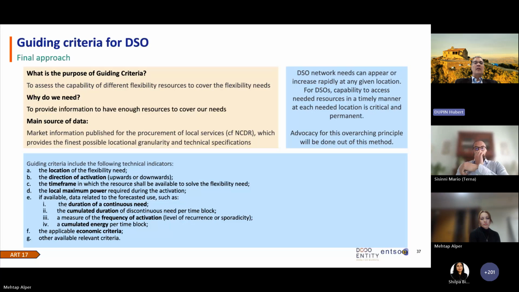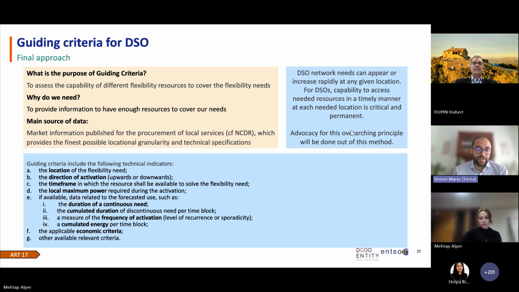On the other hand, we do not use the aggregated national value. We believe it will not add any more data. It will just blur this finest data. So for guiding criteria for DSOs, the most accurate and valuable data is the market information published when we want to procure local services, which can also provide an outlook on future needs. I'll hand it over to you, Mario.